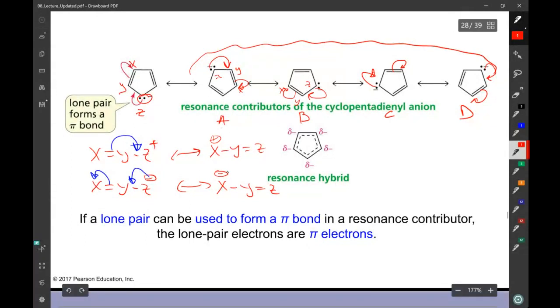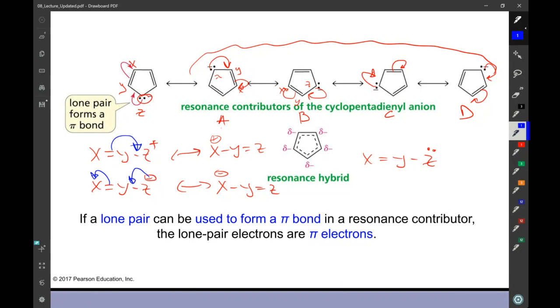Then we have the third case, when X equals Y minus Z. Instead of having a negative charge, it has a lone pair without negative charge. In this case, the way you move your arrow is very similar to when you have a negative charge. So this goes here and this goes there.